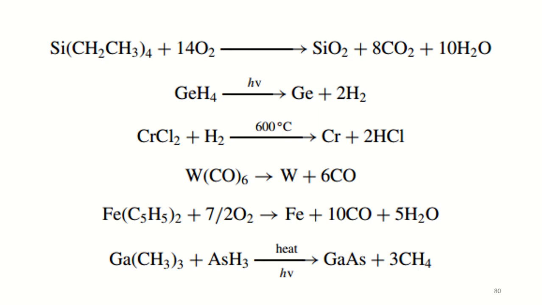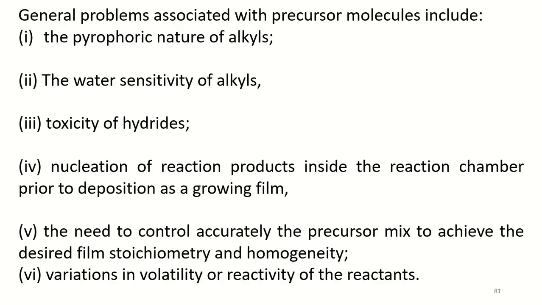Gallium Ga(CH3)3 and arsine AsH3 are reacted, heated and changed into gallium arsenide, GaAs, and methane gas.